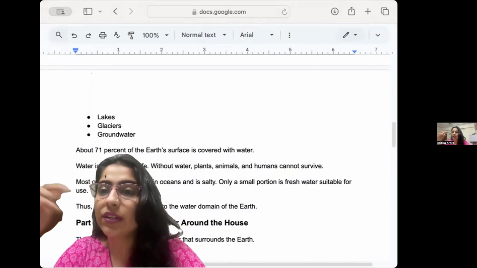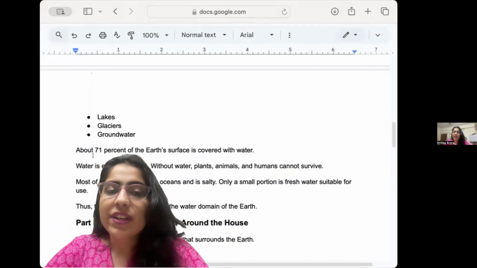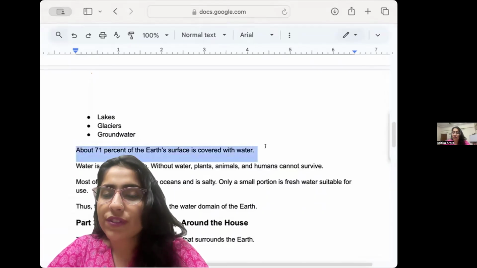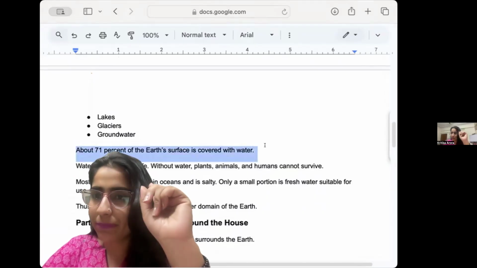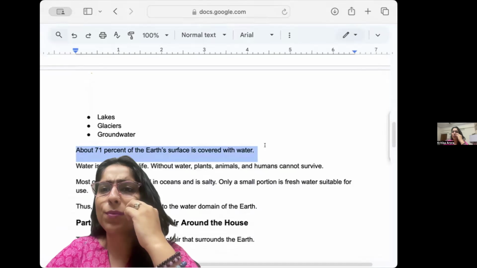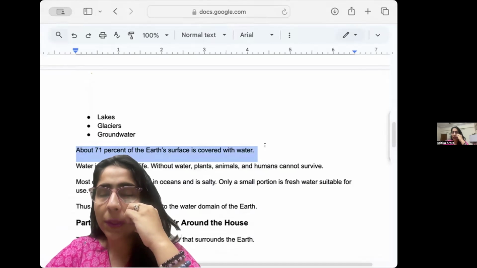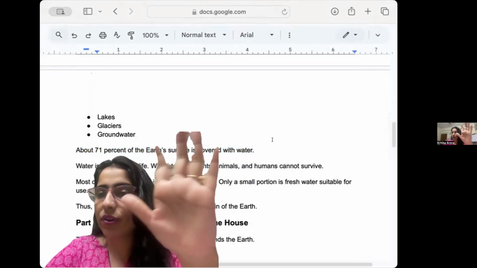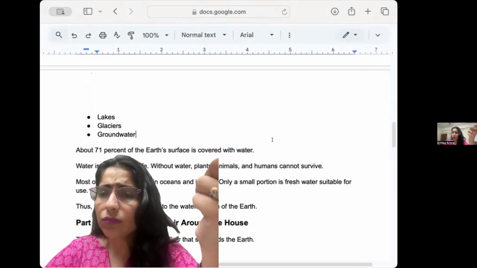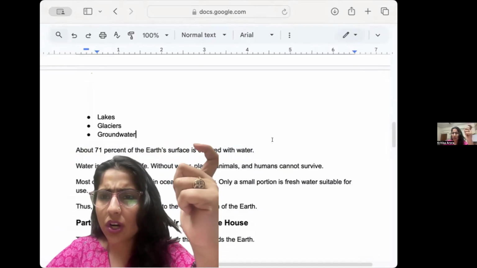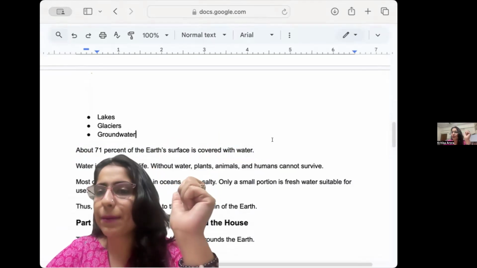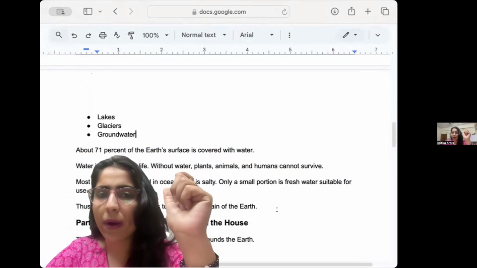That is one of the layers of the earth. About 71% of the earth's surface is covered with water. Okay, so say for example, approximately one third part of the earth is water, only one fourth part is the land part, is the lithosphere part.